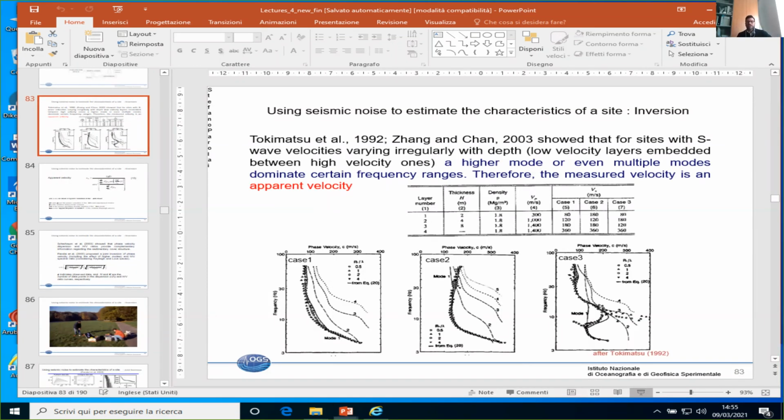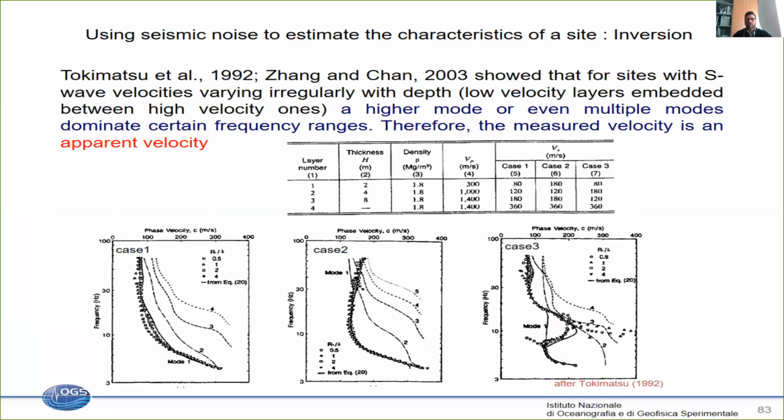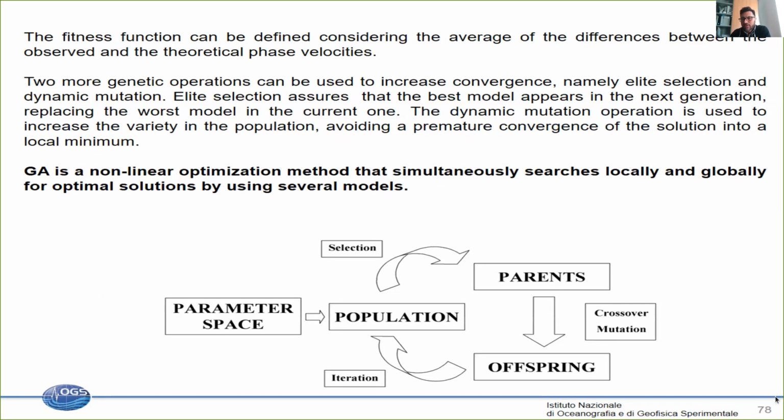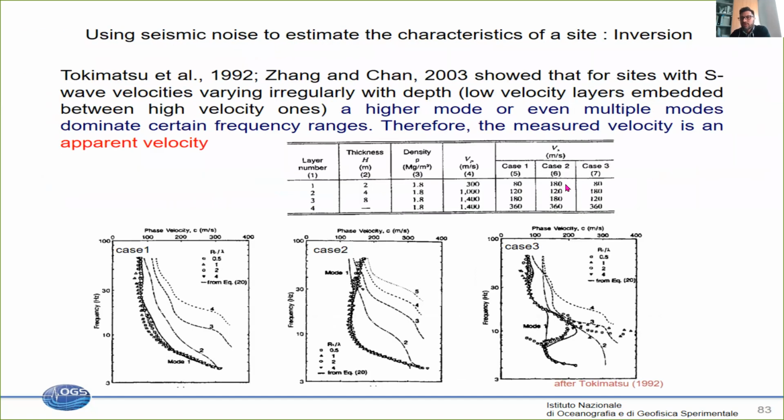No, we briefly discussed it last time. If you have velocity inversion, for example, in case 2, which is here, you see? Generally, when you are using active sources, it's quite easy to distinguish the different modes of propagation.